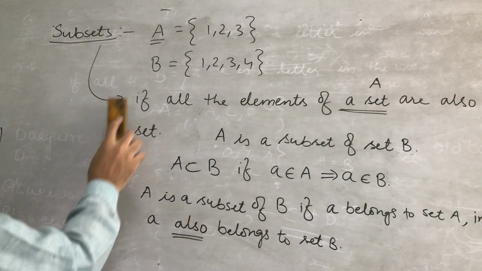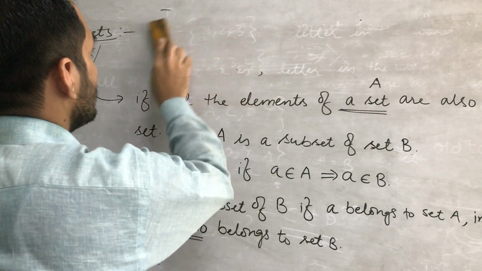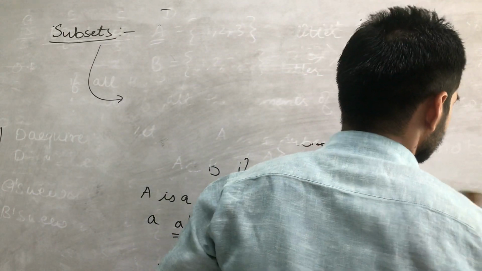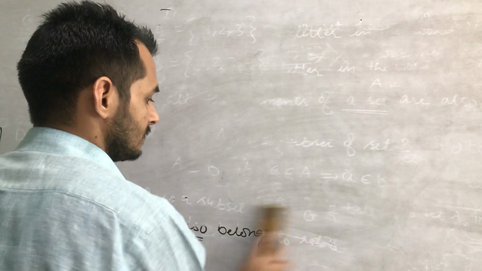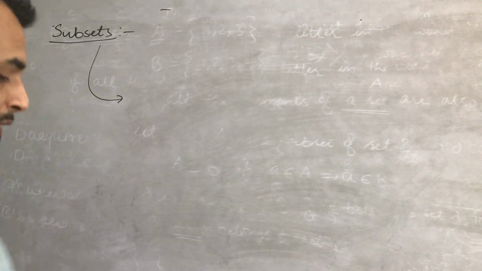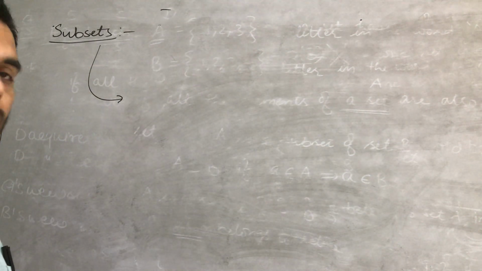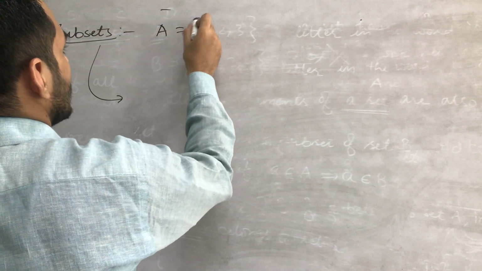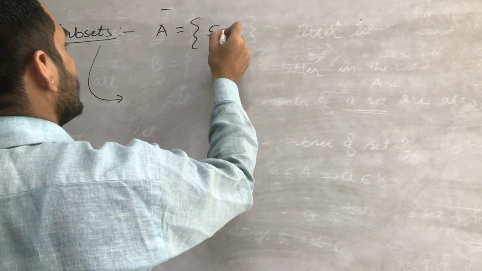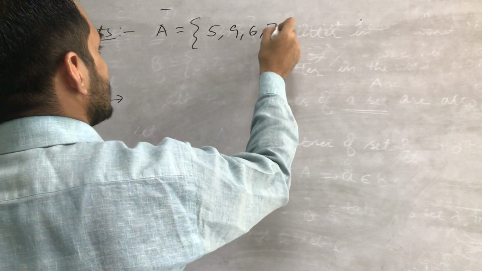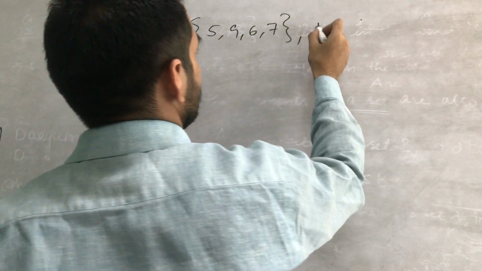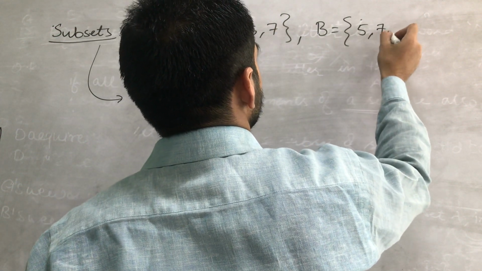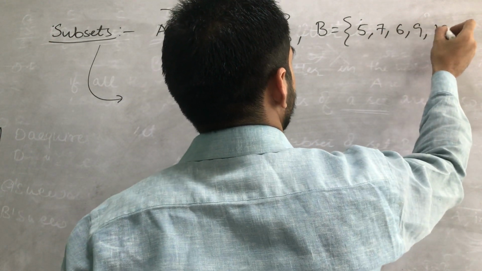Now coming to proper subset and superset. Let's take an example. A equals 5, 9, 6, 7 and B equals 5, 7, 6, 9, 10.